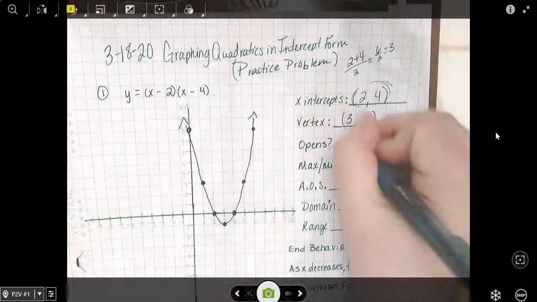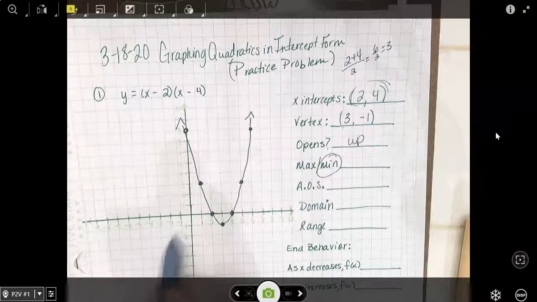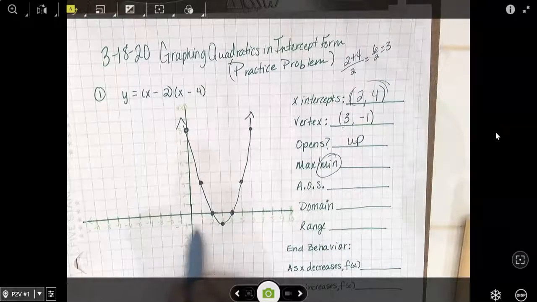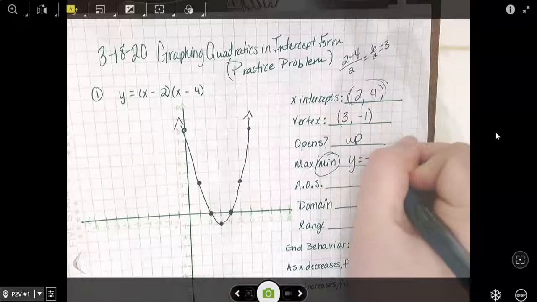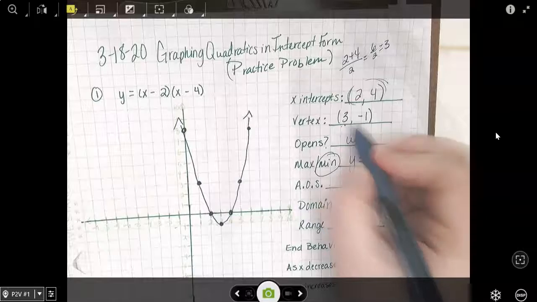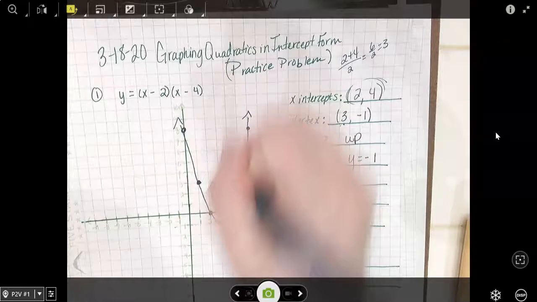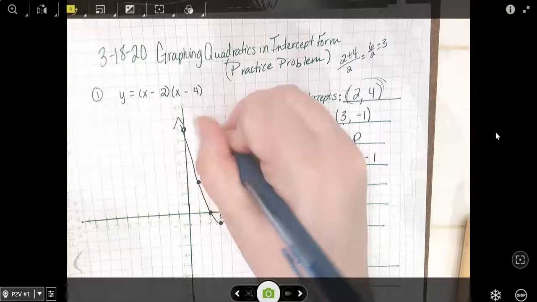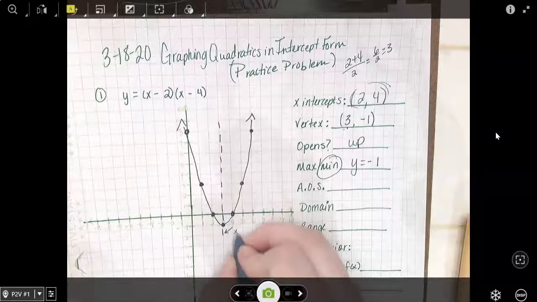It opens up. It has a minimum. The minimum value here is -1. The axis of symmetry is 3. So if you were to cut this in half, so both sides of the graph are symmetrical, it would make a line or axis at x equals 3.